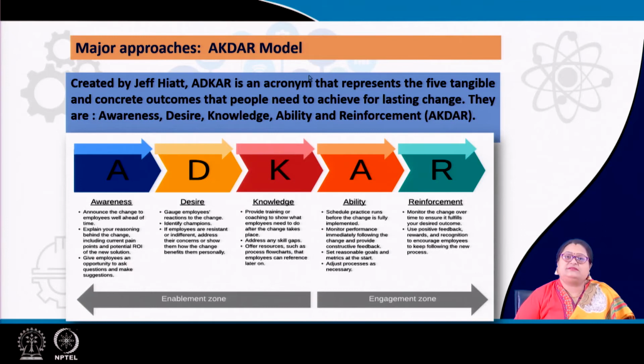We will next discuss one of the major approaches, which is also called the ADKAR model, an acronym created by Jeff Hiatt, which represents the 5 tangible and concrete outcomes that people need to achieve for lasting change: awareness, desire, knowledge, ability, and reinforcement.